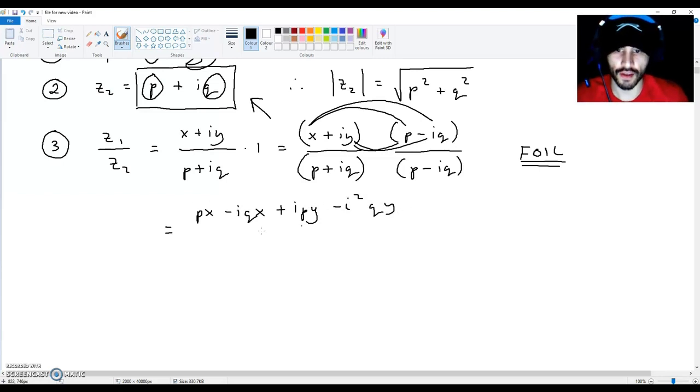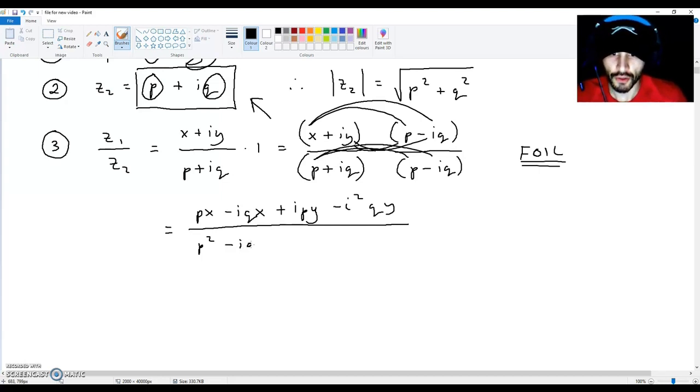This is at the top of this fraction. Just going to make a line here. And then at the bottom we get p squared minus iqp.